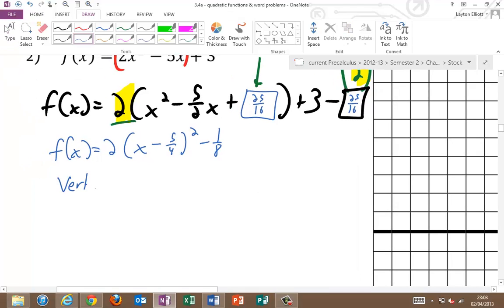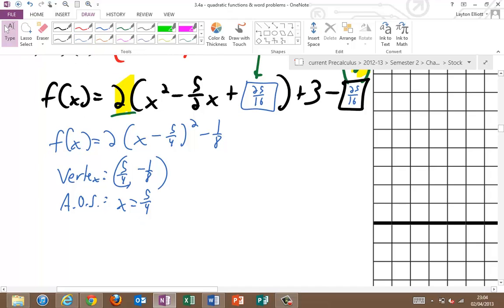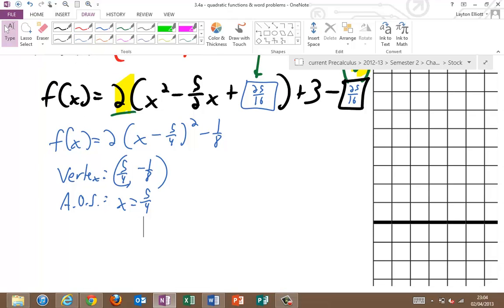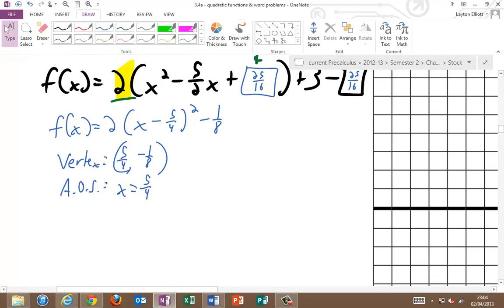Let's go through the same process we did before. The vertex is positive 5 fourths, -1/8. Axis of symmetry, which I'm going to abbreviate AOS, is x is equal to positive 5 fourths. So that's my axis of symmetry. Then, let's see, what else do we do?